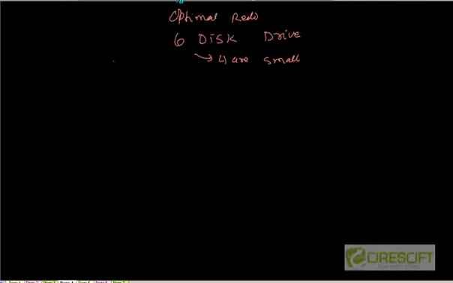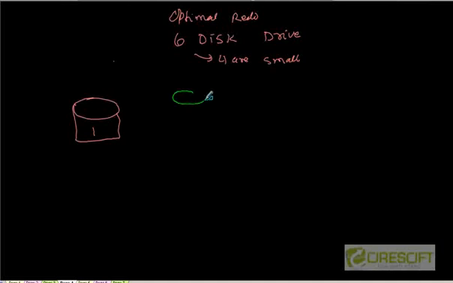So the way that you are going to use this redo, you have 6 disks. Let's say this is called disk 1, and let's put in some different color because there is a reason behind that.